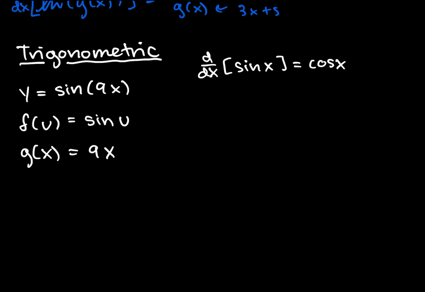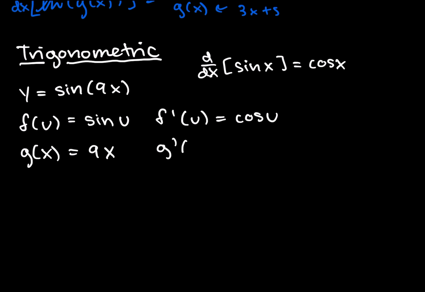The 9x is included on the inside as we change sine of x to sine of u. So the derivative of f of u is cosine x, or cosine u, excuse me. As we saw in our little rule before, it comes in handy here.